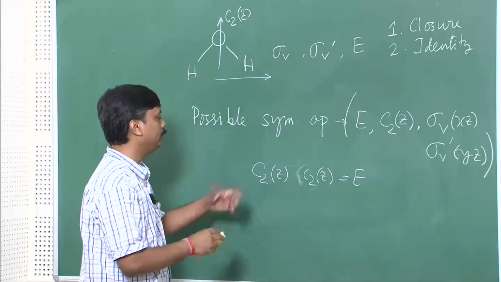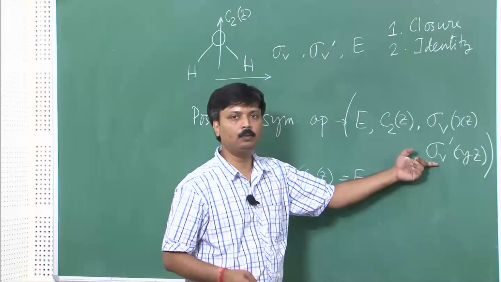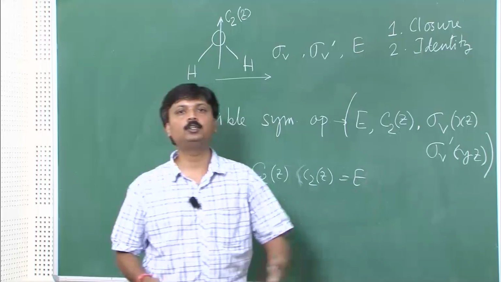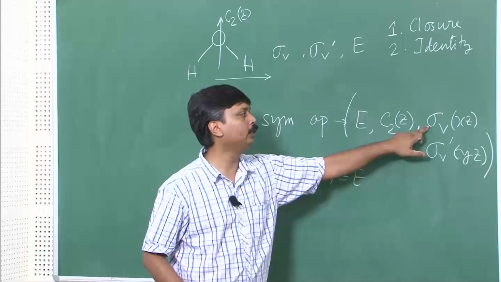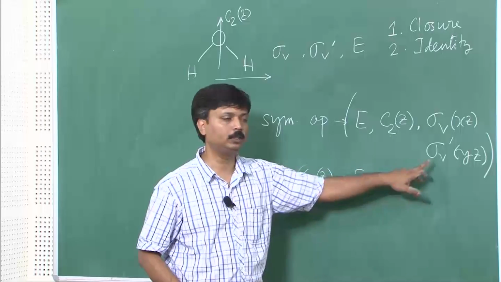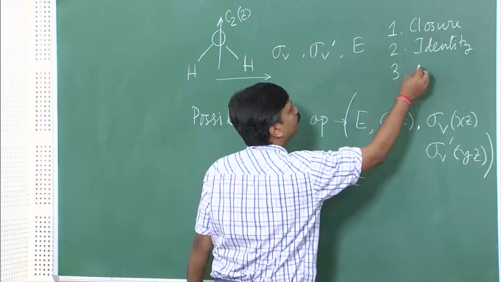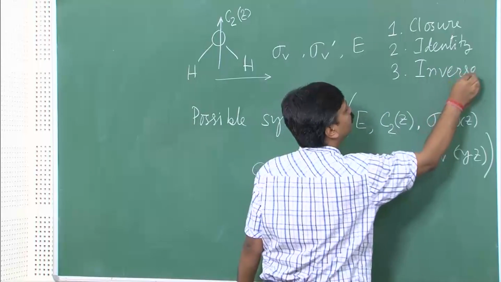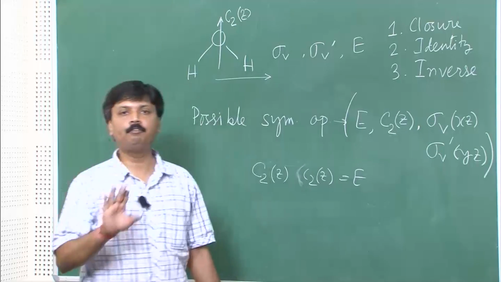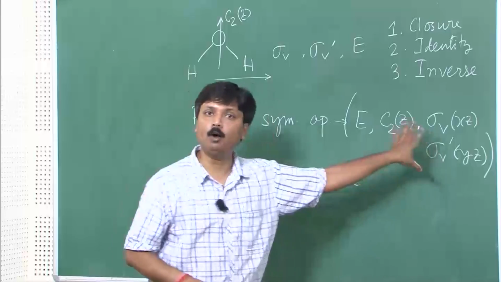Okay? So, for C2, we already have its own inverse. Similarly, sigma v by its own character, they are inverse of themselves. So, sigma v is its own inverse, sigma v prime is its own inverse. So, there is a unique inverse for each and every element of this set which are constituted by these symmetry operations.